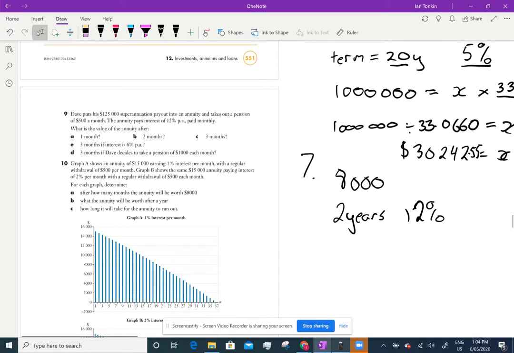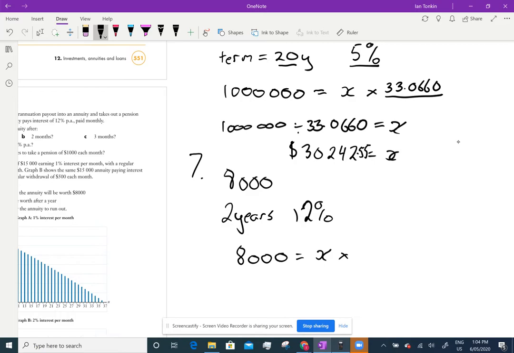So 8,000 equals X times, now the payments are going to be 24, because 2 times 12 equals 24. And 12 divided by 12 is 1%.